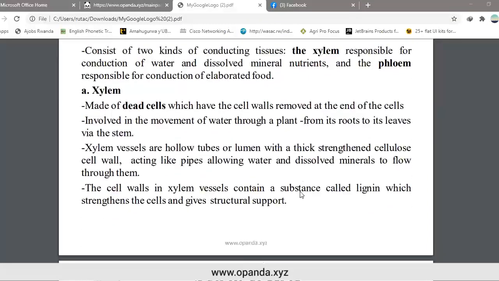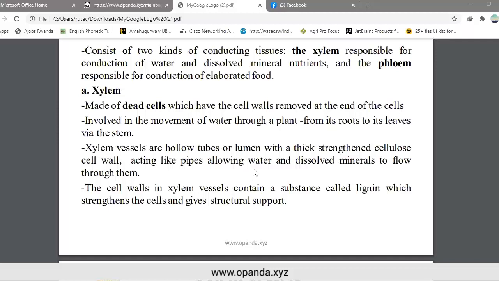Xylem are made of dead cells which have the cell walls removed at the end of the cells. They are involved in the movement of water through a plant from its roots to its leaves via the stem.